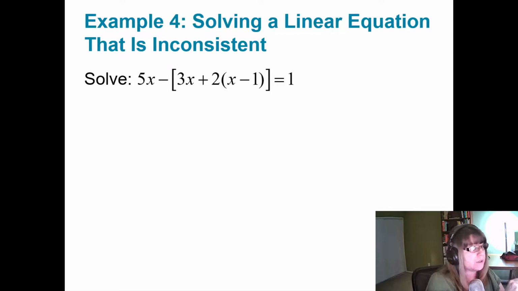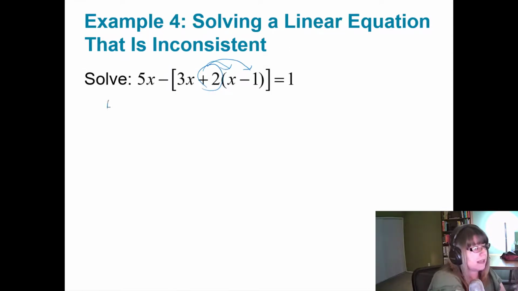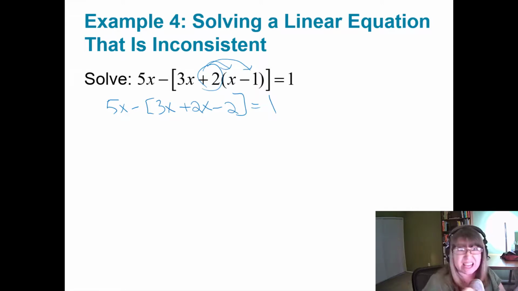Starting with the inner parentheses, I'm going to distribute this 2. So I get 5x minus 3x plus 2x minus 2, and that equals 1. I'm going to combine what's inside those brackets: 5x minus 5x minus 2 equals 1.